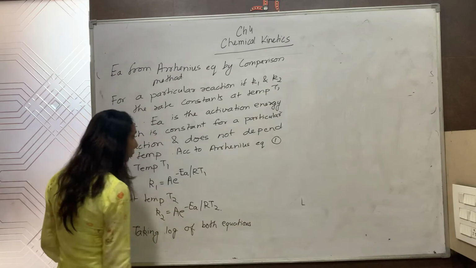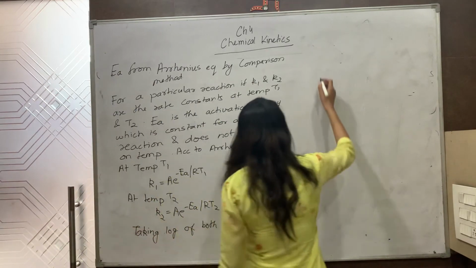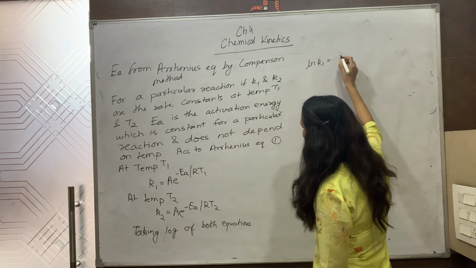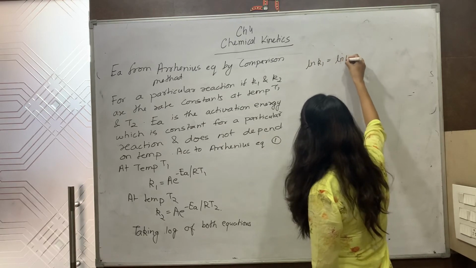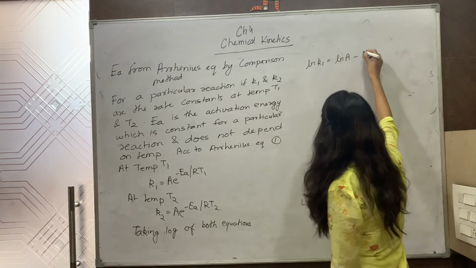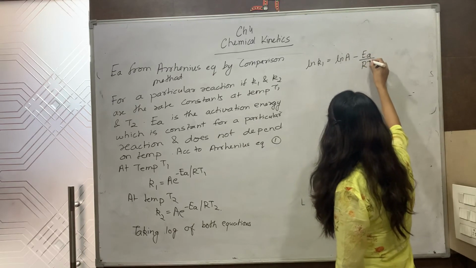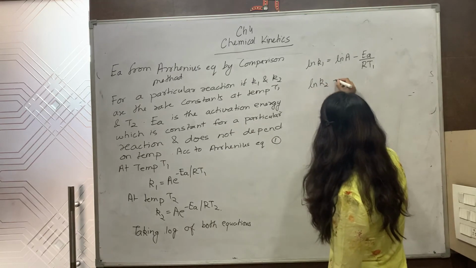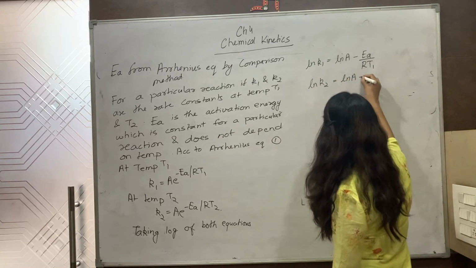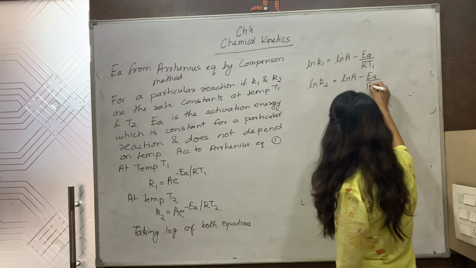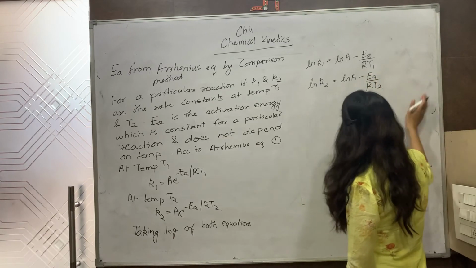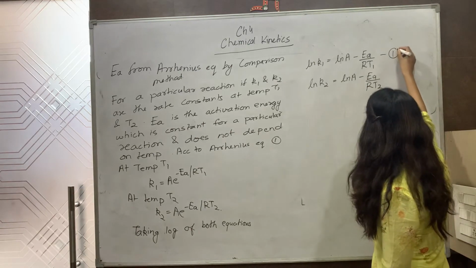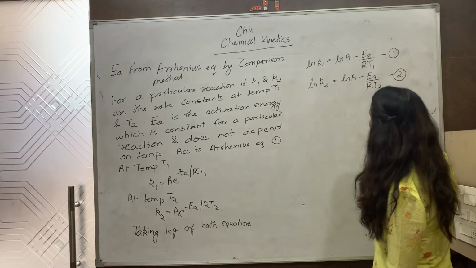Taking log of both the equations, we get ln k1 is equal to ln A minus Ea upon R T1, and ln k2 is equal to ln A minus Ea upon R T2. This I mark as equation 1 and this I mark as equation 2.